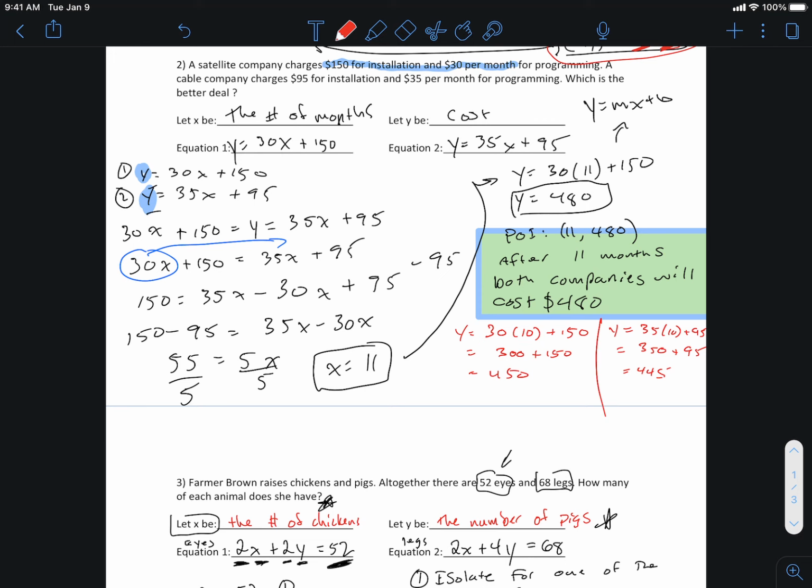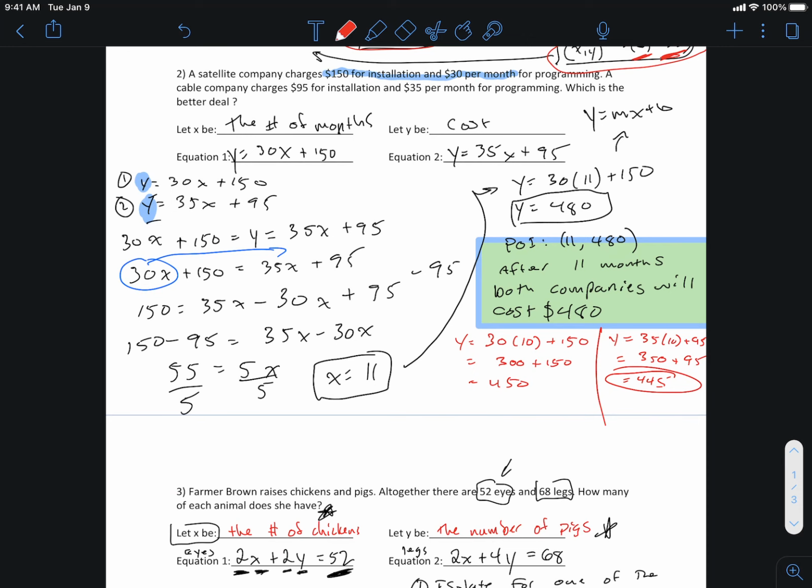So I'm going to choose company B, or equation 2, which came from the cable company, for 10 months. And if you go over 11, remember 11 is going to be the same price.